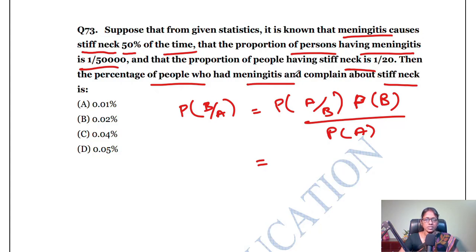Meningitis causes stiff neck 50% of the time. Consider this one is meningitis and this one is stiff neck. M is meningitis, and S is stiff neck.